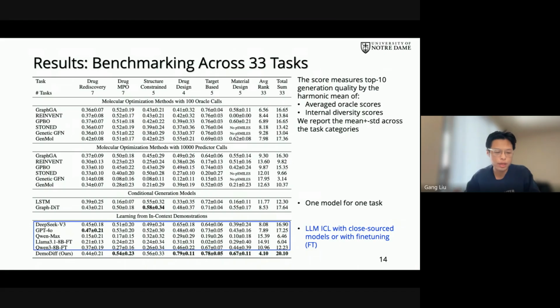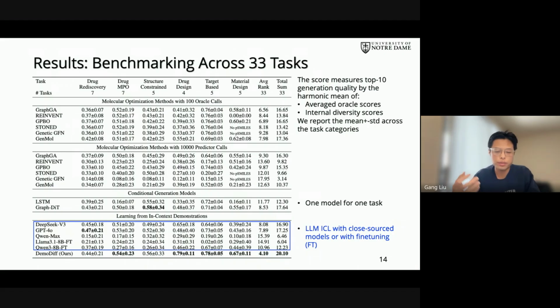Here, from the tables, the reported scores measure the top 10 generation quality by the harmonic mean of 2 scores. One score is the average oracle score across 10 examples. The other score is the internal diversity score.